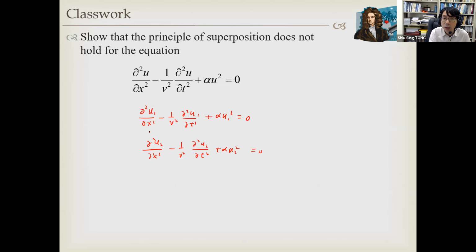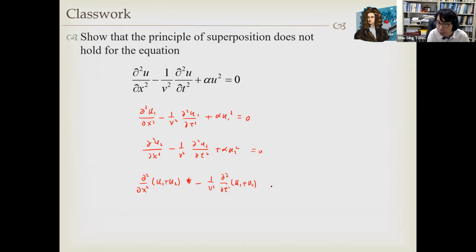But when you add up the two equations, you find that u1 plus u2 is no longer a solution. Why? Because the derivative is still distributive. So you have u1 plus u2, that's okay, and for the time derivative, it is also okay.